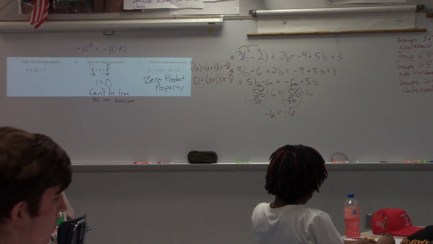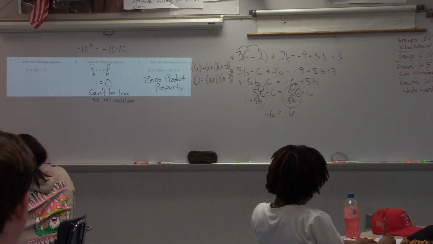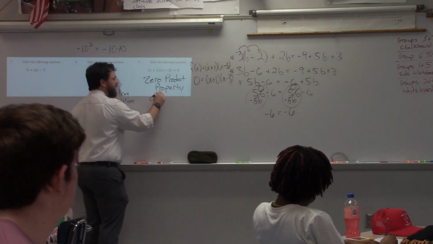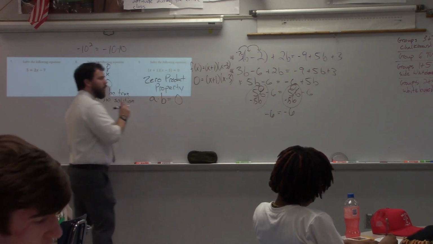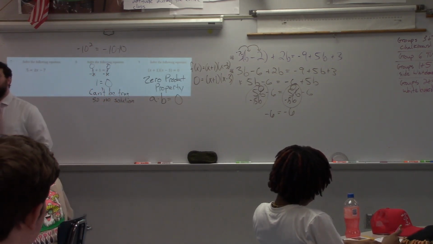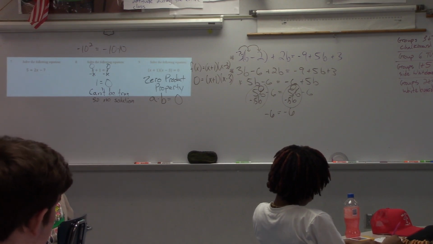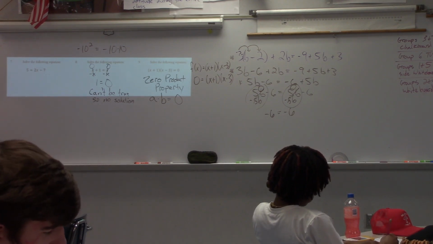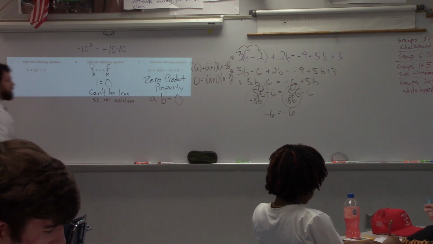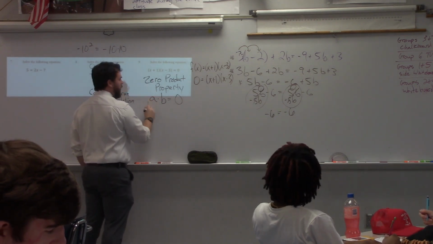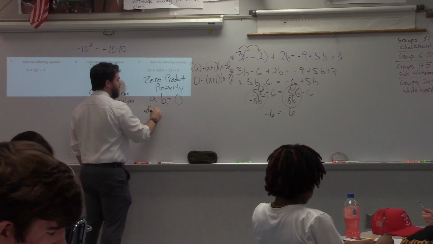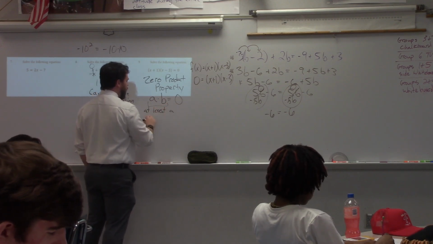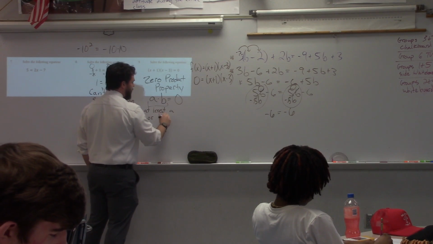If I multiply by 0, what do I always get? 0. So if I tell you that a times b equals 0, what do you know about a and b? At least one of them has to be 0. The only way that the product is 0 is if one of them is 0. So the zero product property: at least a or b has to be 0.